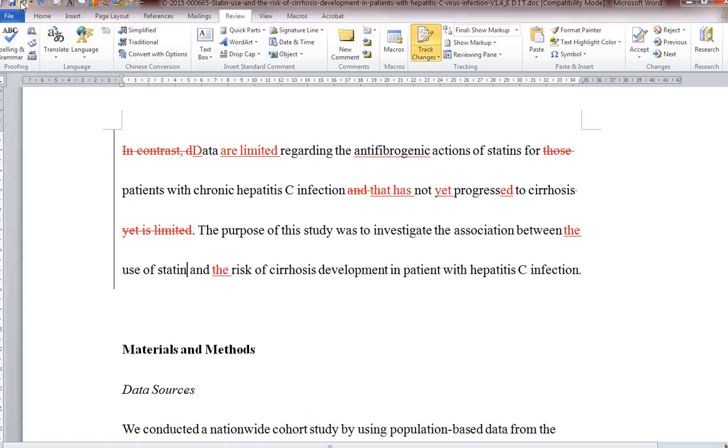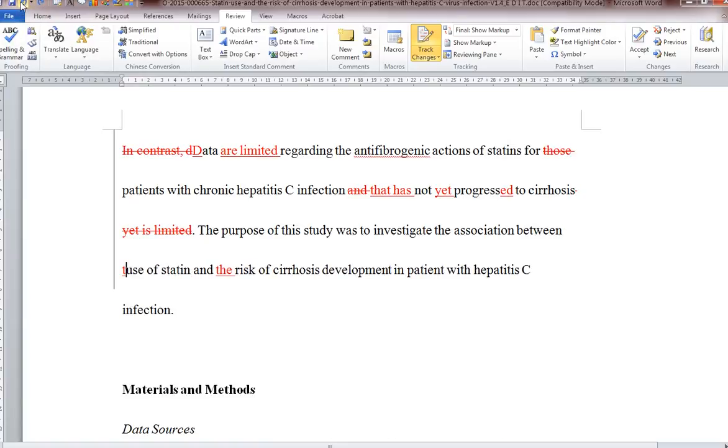Not really a problem, but what I had before was more concise: between statin use and the risk of cirrhosis development. Now here, statin is used as an adjective, so I do not need the plural marker. Okay, in patients with. Patient must be plural in this context. With hepatitis C infection. Okay.